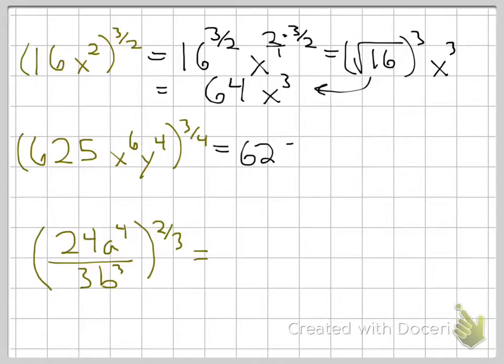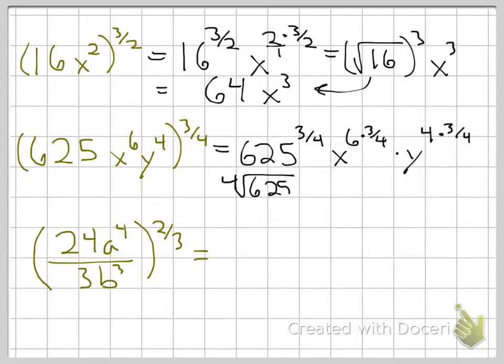So I'll distribute out up here. You guys finish up. Looks like most got the first one. So 625 to the 3/4 is going to be the fourth root of 625 to the third.